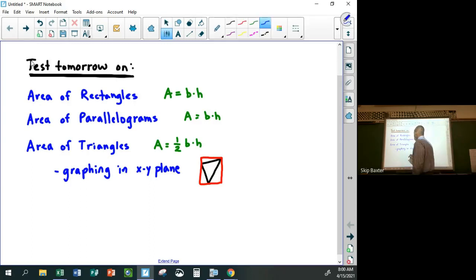And then the third way that we did area of a triangle is using Heron's formula.